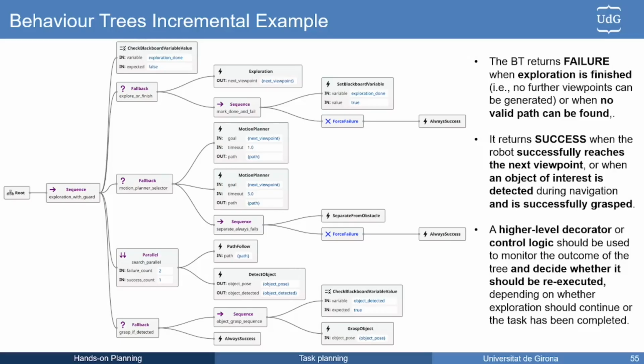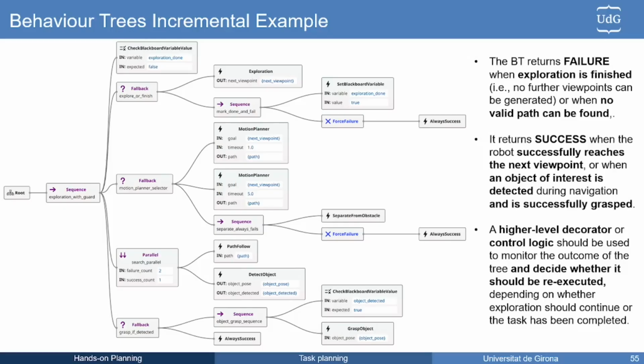Normally, fallbacks are used to replace an if condition, a conditional structure. Then we say, if there is an object detected, if object detected is true, we execute the grasp. If there is no object detected, this sequence fails, because this is a fallback, so we execute the next in the fallback, which says always succeed.